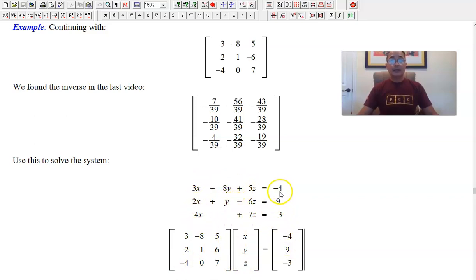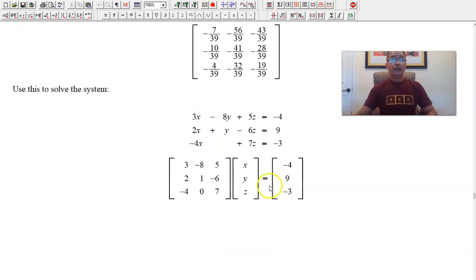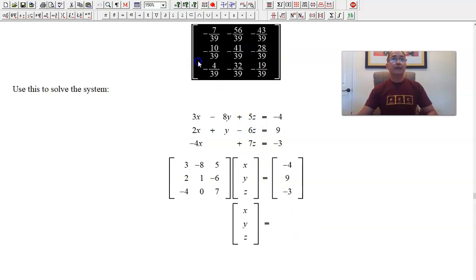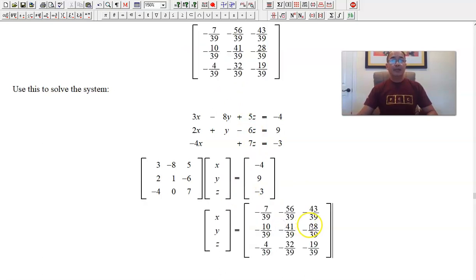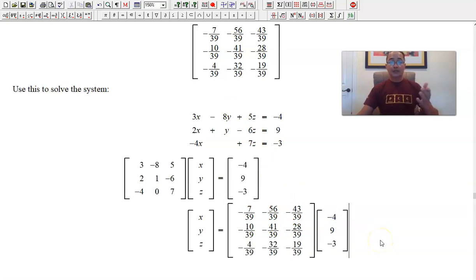On the right side, you have minus 4, 9, minus 3. So that is written as a column vector. So the theorem said, if you want x, y, z, then what you need is the inverse of the matrix, which is over here, and then you multiply it to the right side, which is this.